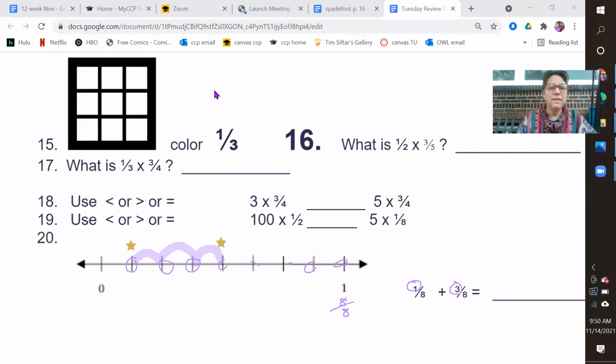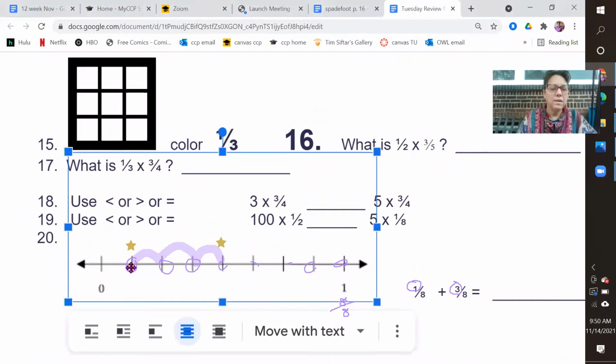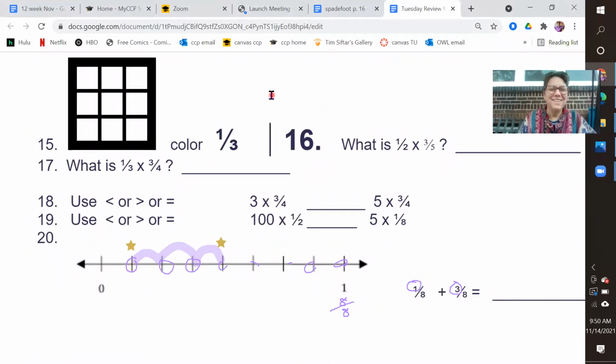What is it? Let's see. It is 1/8, 2/8, 3/8, 4/8. So that's the answer.